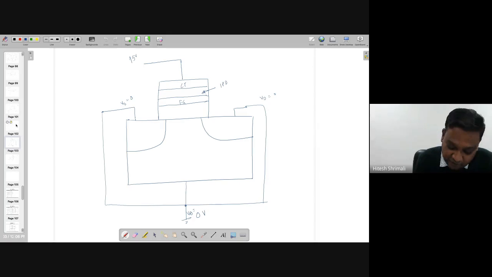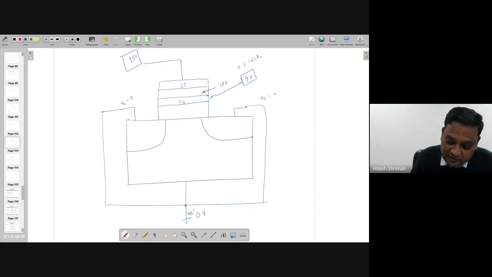So when it's 15 volt, you know that at the floating gate, with the consideration of 0.6 of GCR, this is going to be equal to 9 volt, right?